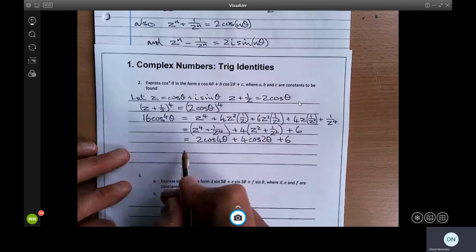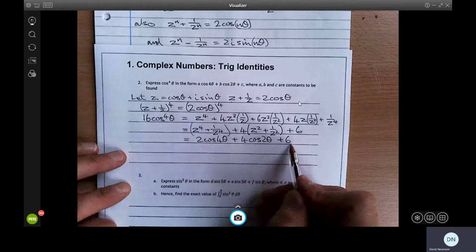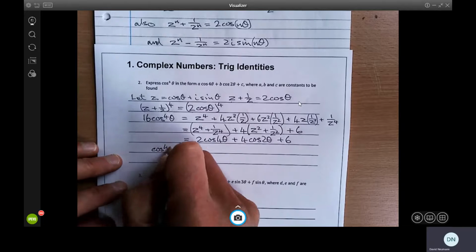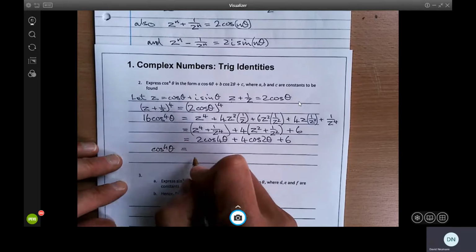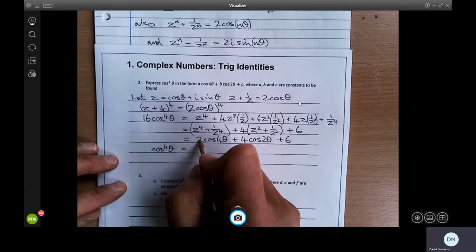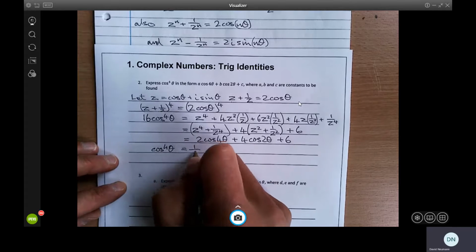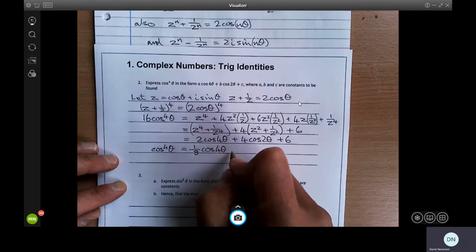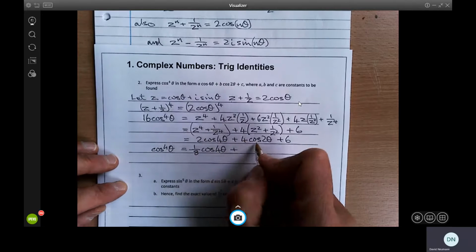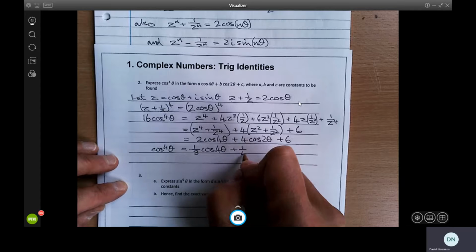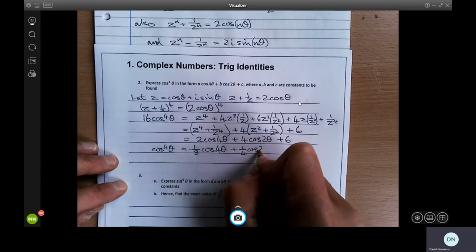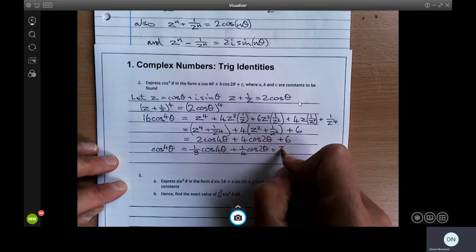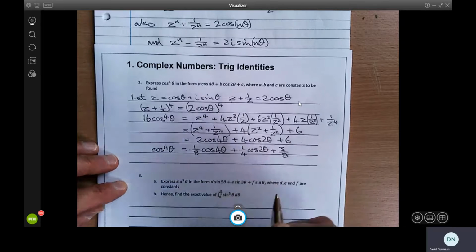So now all we need to do is divide through by this 16, so we can say cos to the power of 4 of theta is equal to, well, 2 over 16 is 1 over 8. So 1 over 8 cos of 4 theta plus 4 over 16 is a quarter. So a quarter cos 2 theta plus 6 over 16, which is 3 over 8.